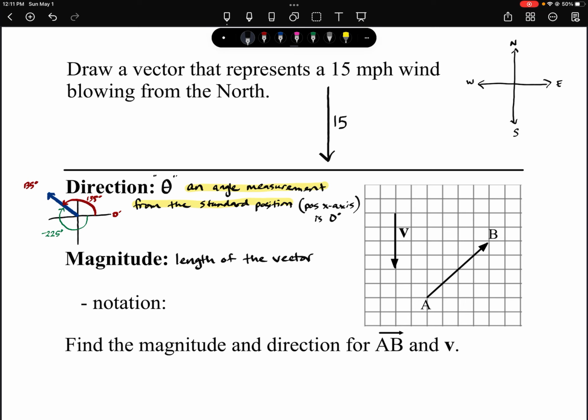Sometimes it's easy to measure them, sometimes it's a little bit more challenging. Now the notation, what you'll see for vector v: when it's asking, what is the length of v, or what is the magnitude of v, you'll see a v, and then it almost looks like it's got a double absolute value on it. So this is basically asking, what is the magnitude of v?